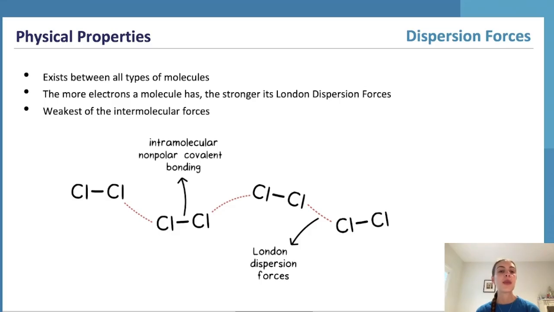And so basically, it's just this weak attraction between every single molecule which holds things together. And so the more electrons which a molecule has, the stronger its dispersion forces are going to be. However, dispersion forces are the weakest of all of the intermolecular forces. So if a molecule only has dispersion forces, it's not going to have very strong intermolecular forces compared with some other molecules which have a lot stronger intermolecular forces.